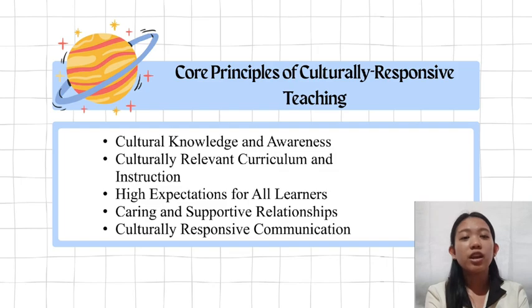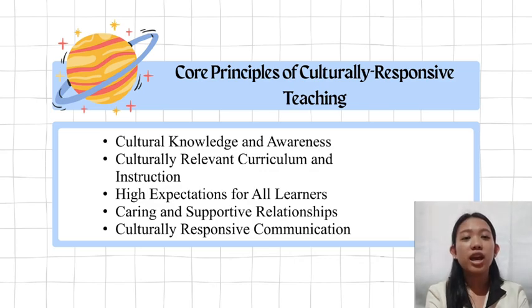Fourth, caring and supportive relationships focus on trust, respect, and empathy. And lastly, culturally responsive communication means respecting learners' different languages and communication styles. Together, these principles help create meaningful and inclusive learning experiences.